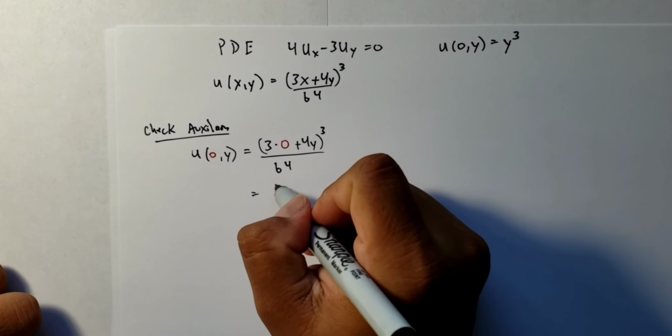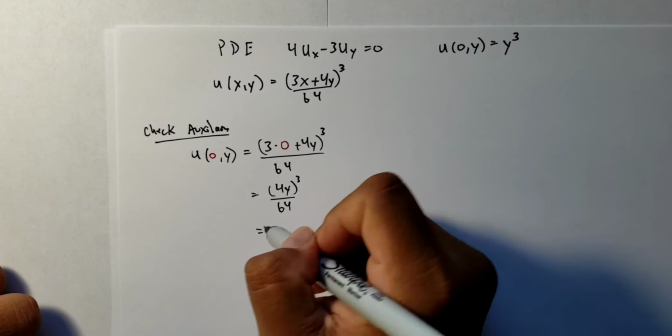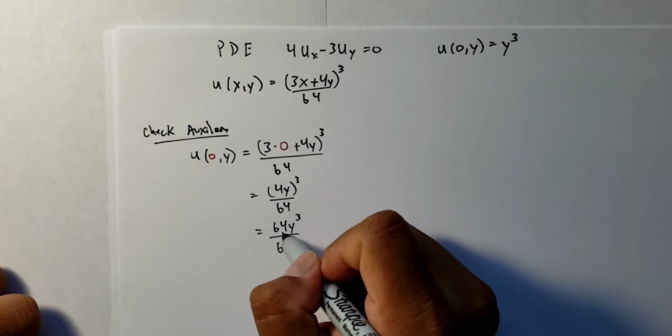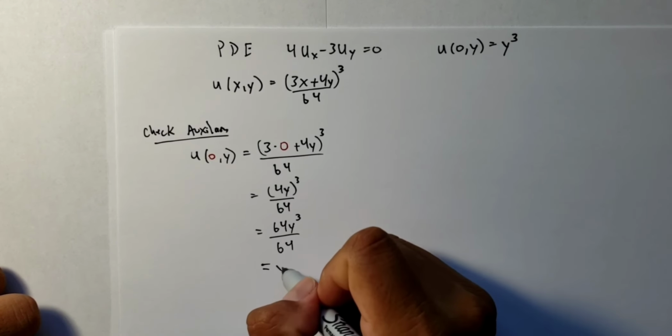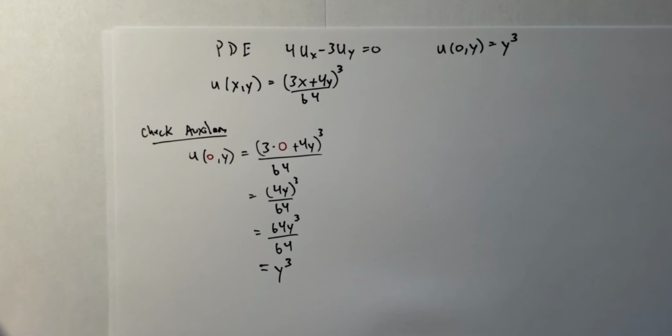That's going to give us (4y) to the power of 3 over 64, which gives us 64y to the power of 3 over 64. And yes, in fact, it does equal y to the power of 3. So it does satisfy the auxiliary condition.